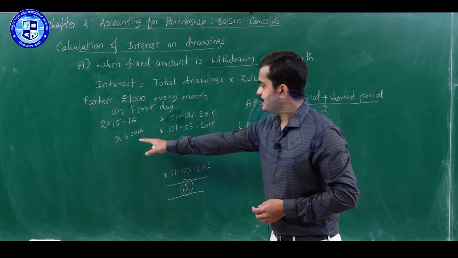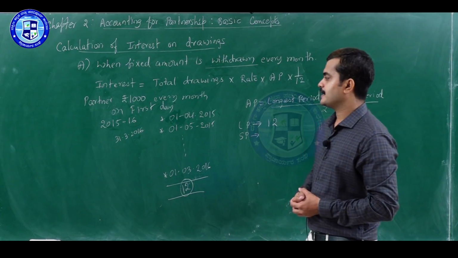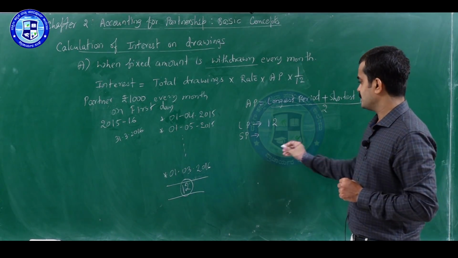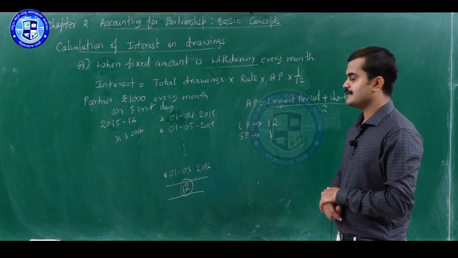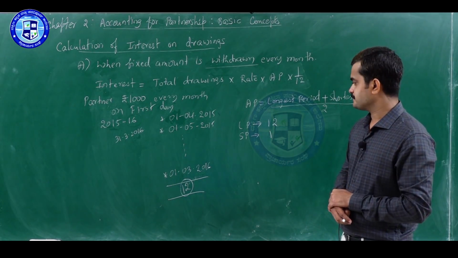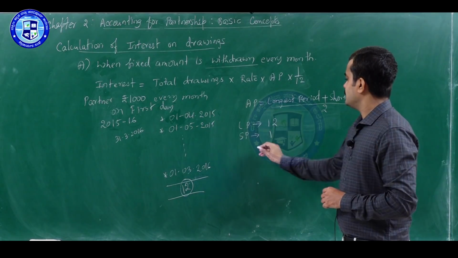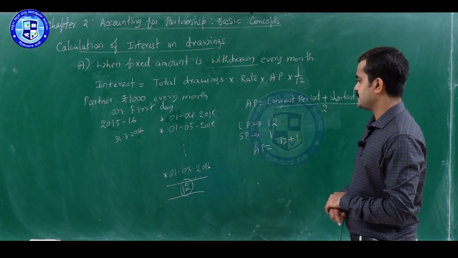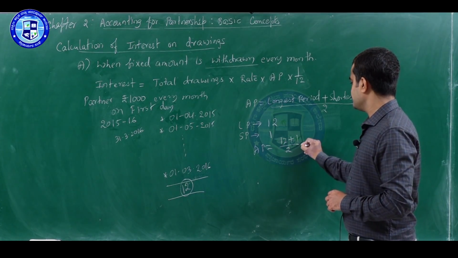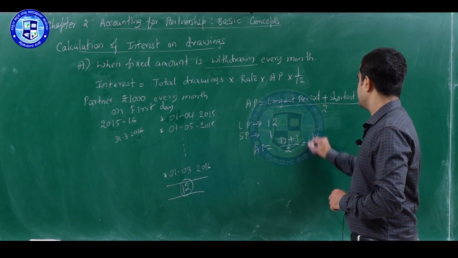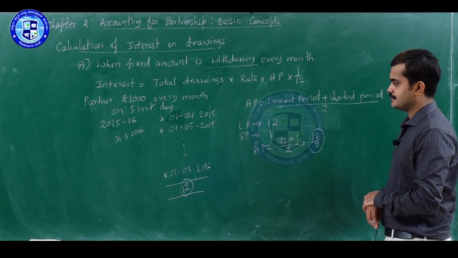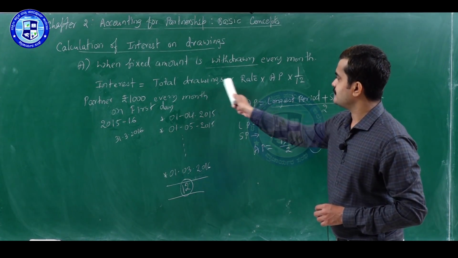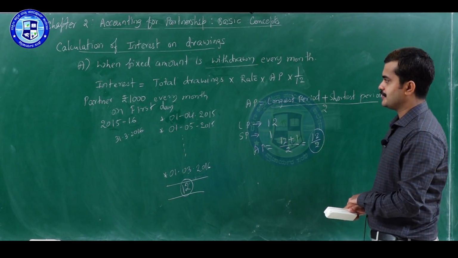From that day to the last day of that accounting period is 1 month. So, shortest period is here 1 month. Now, average period equals longest period plus shortest period divided by 2, that is 13 by 2. This is how we calculate the average period for the purpose of calculation of interest on drawings.